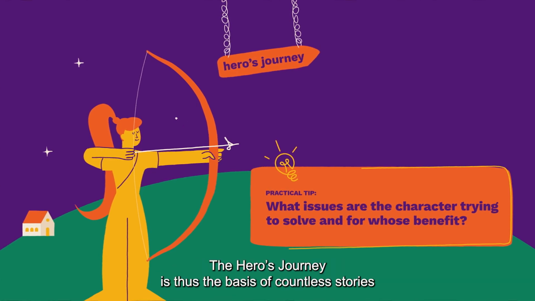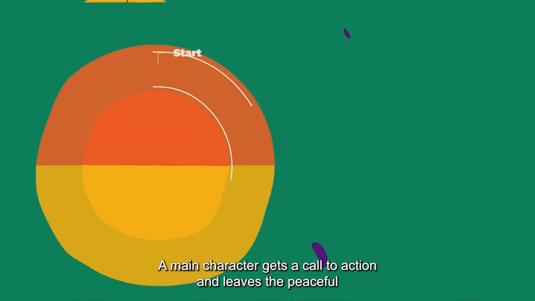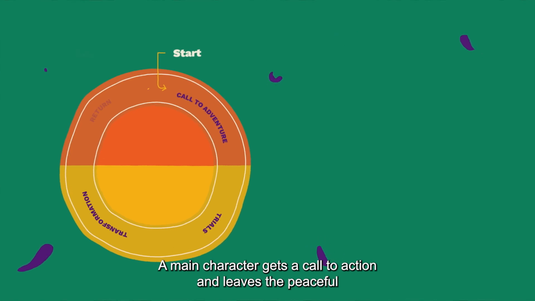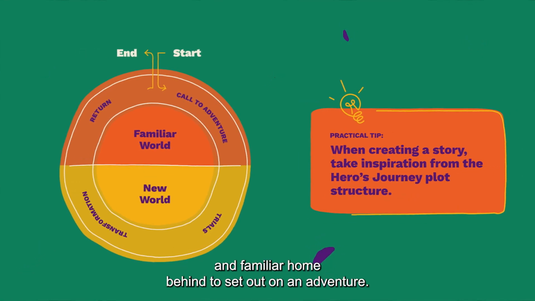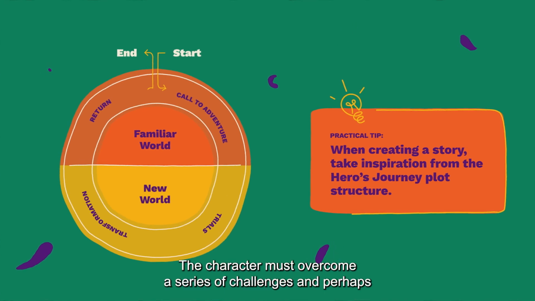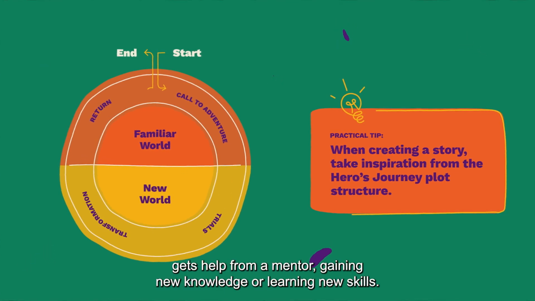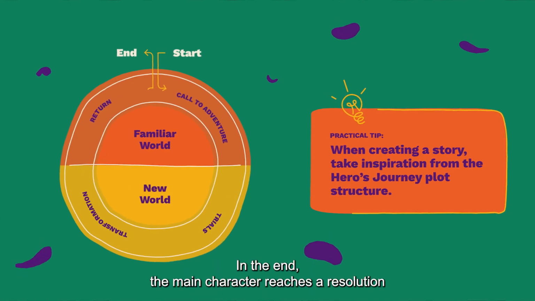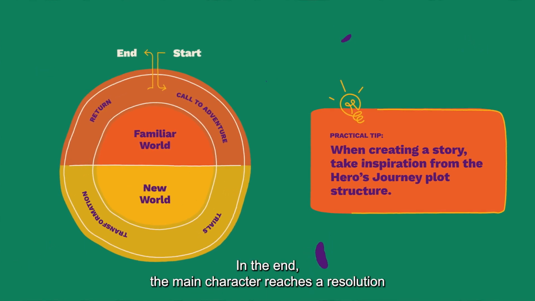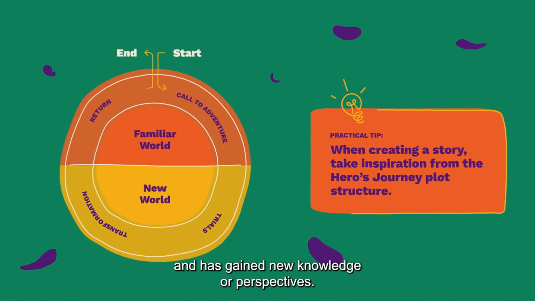The hero's journey is thus the basis of countless stories with different plots, yet identical structure. A main character gets a call to action and leaves the peaceful and familiar home behind to set out on an adventure. The character must overcome a series of challenges and perhaps gets help from a mentor, gaining new knowledge or learning new skills. In the end, the main character reaches a resolution and has gained new knowledge or perspectives.